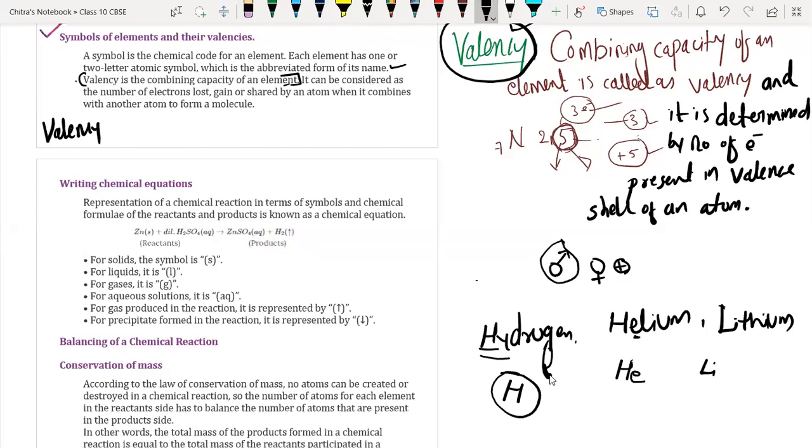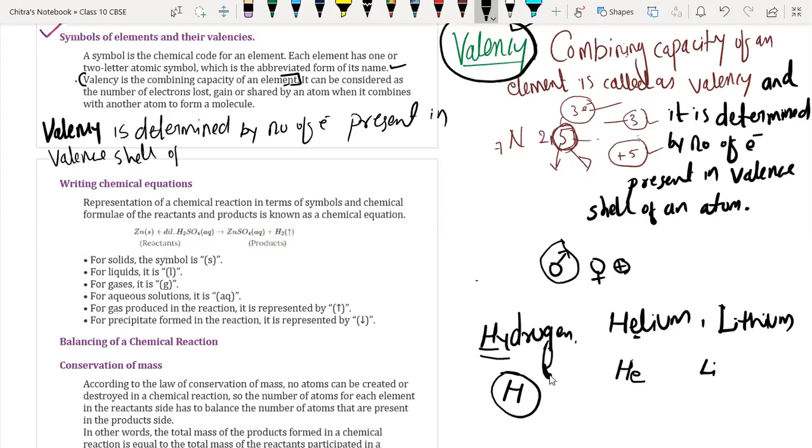is determined by the number of electrons present in the valence shell of an atom.